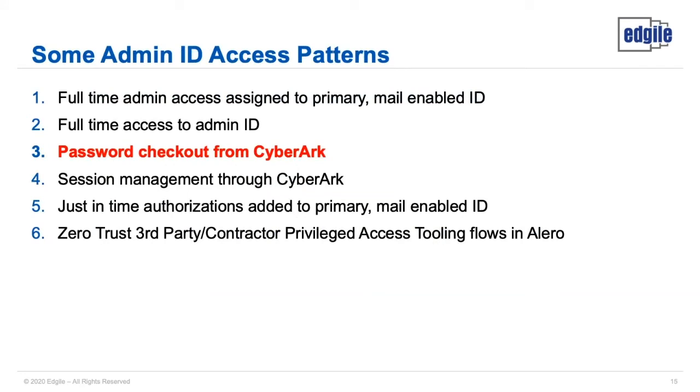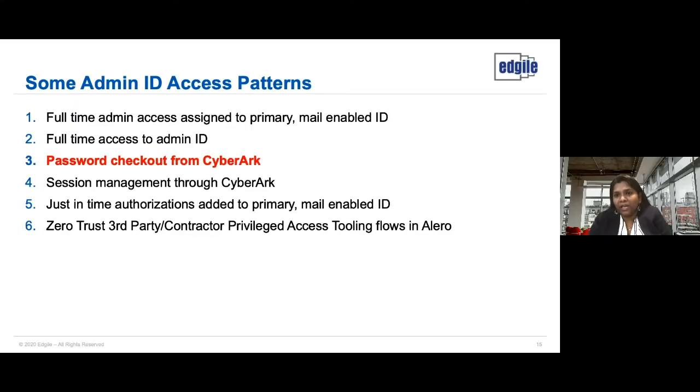Yeah, sure, Zach. Perfect analogy, by the way. So we are going to look at the pattern where an admin checks out their secondary admin ID from a PAM tool. We choose this pattern because it's pretty middle of the road, right? The organization is using a PAM tool, which is great. But during the window where the password is checked out, the tool has no control or visibility into what is happening with the ID.